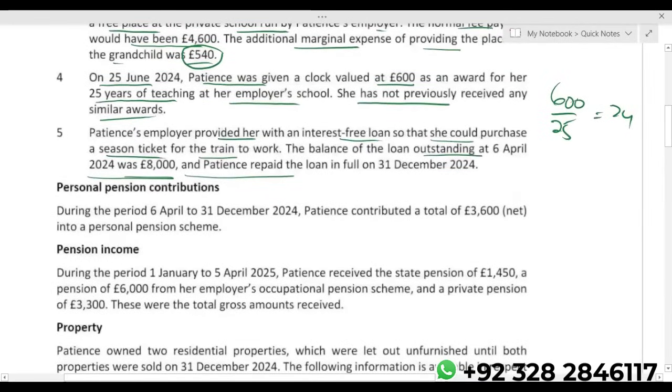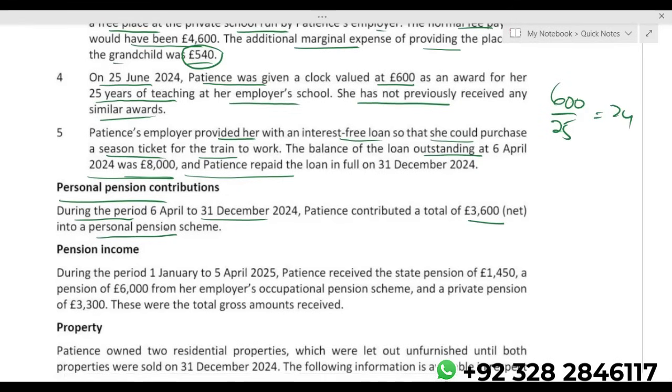Okay. Now let's go towards personal pension contributions. During the period 6 April to 31st December 24, the taxpayer contributed a total of 3,600 net into her personal pension scheme. Can I say due to PPC, number one, I have to gross it up by multiplying by 100 upon 80. I will increase the basic and, if needed, higher rate band as well.